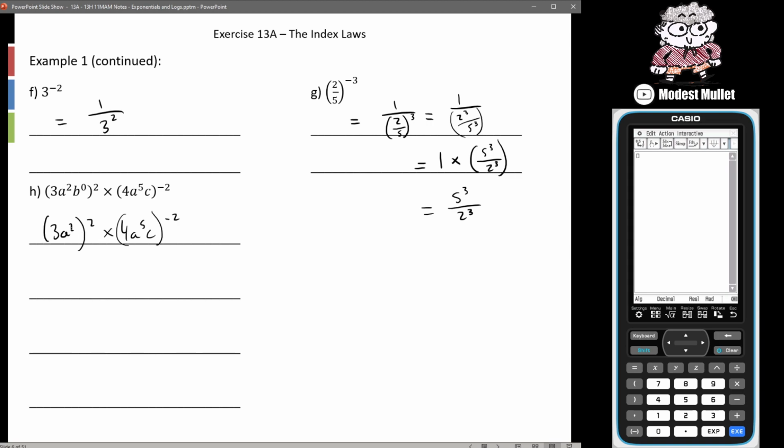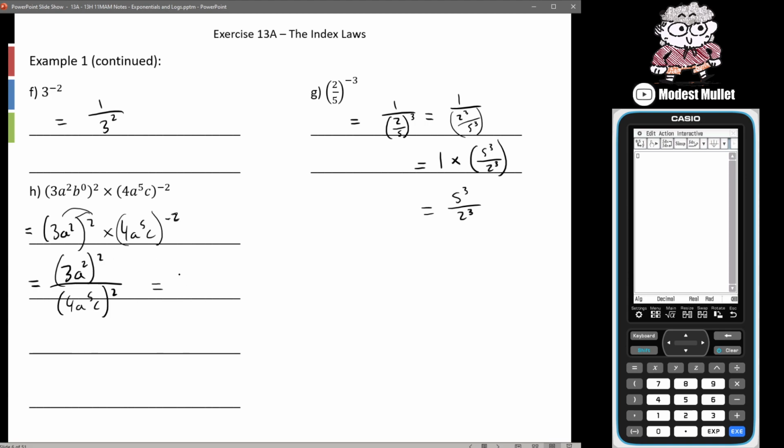And again, there's a whole bunch of different ways we could bring this in first. We can bring this in, or since it's negative, we can actually bring this whole term down to the bottom of a fraction to make it a positive power. So let's do that. We get 3a all squared to the 2 divided by 4a to the 5c to the power of positive 2, since we brought it down the bottom.